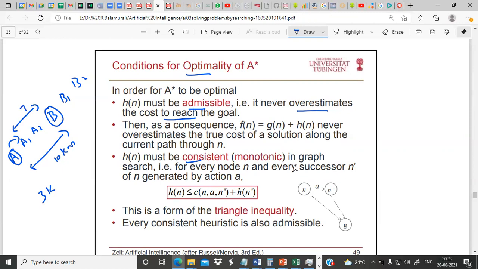So next also it assumes that the destination is at 3 kilometers. So it reaches A2. Now it checks whether this is the goal state. No. Now what's the remaining distance? Only 4 kilometers.